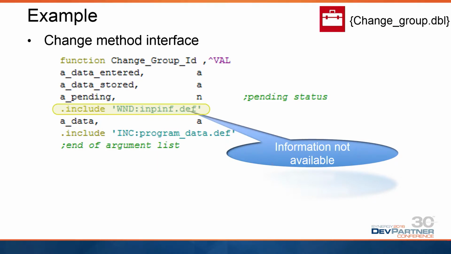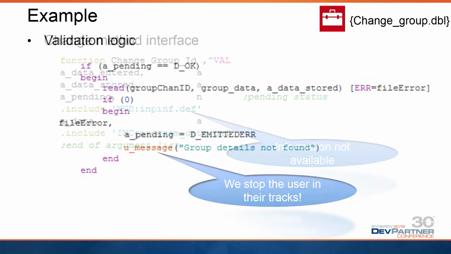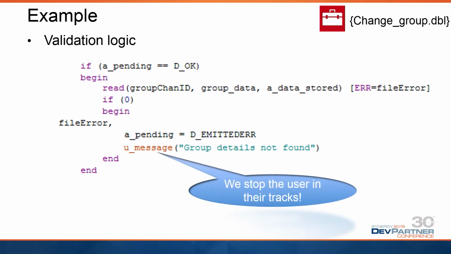But once you do those changes in one change method, they'll tend to be similar in most of your change methods, and then that ripples through your entire application, because once you've done that one change method, wherever it's used, it means it's going to work. Obviously, A data, that's the data for the record area, and then the program data.def, that's our input method argument information, which again we can pass through. So here's the validation logic then.